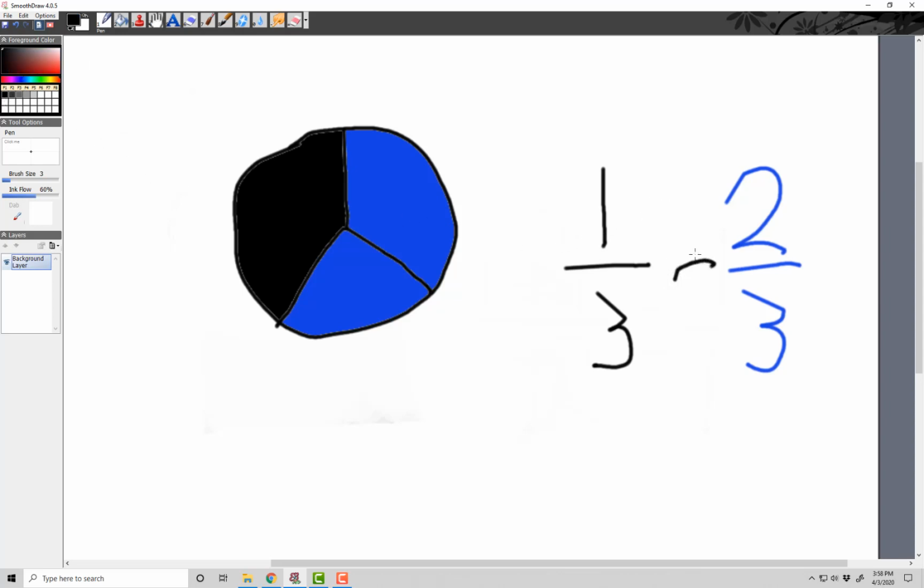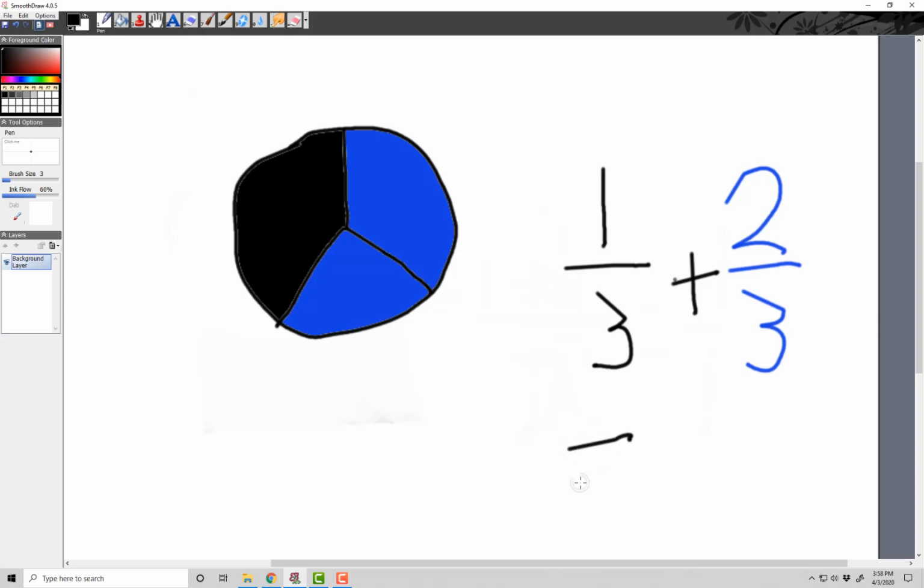So we can do this again and say, what is 1/3, let's say Mommy ate, and then 2/3 that Daddy ate. So we can say 1 plus 2 is equal to 3. 3/3. Let me write it down here. I'm running out of space.